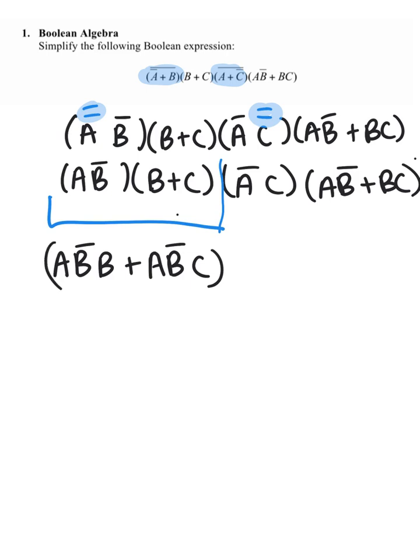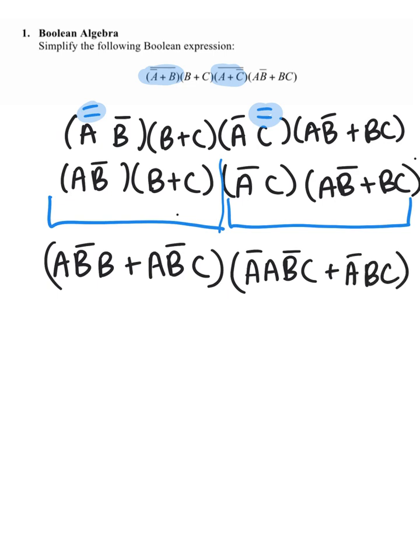And then this second grouping, so these two sets of parentheses are going to give you not A A not B C plus not A not B C.